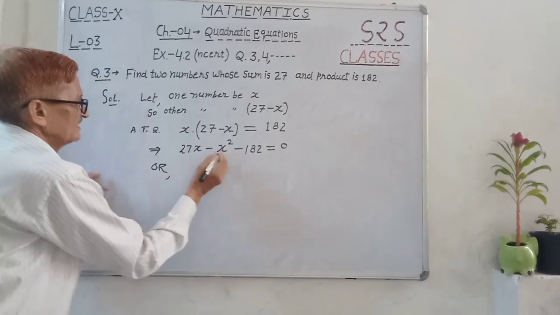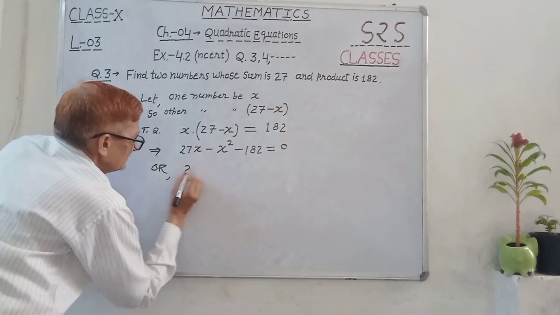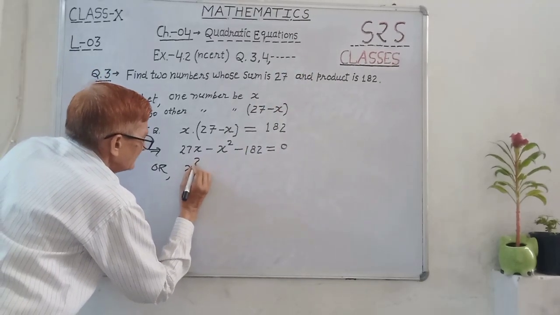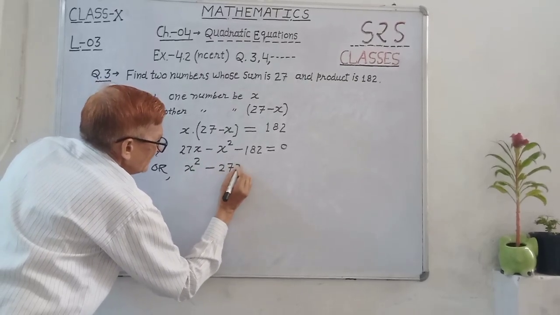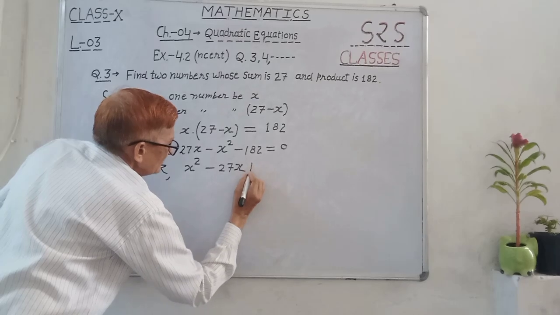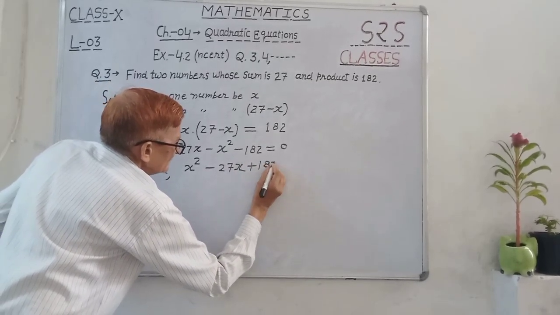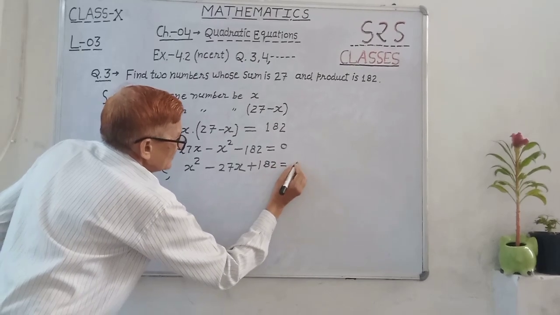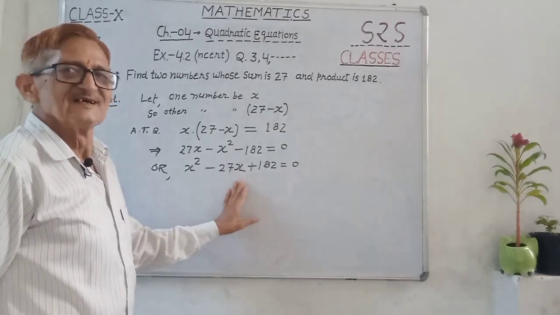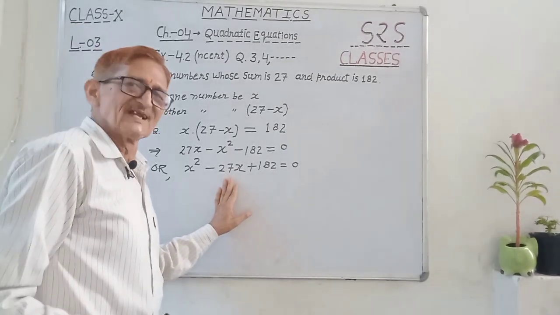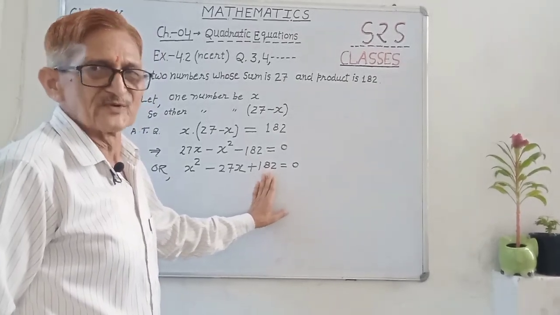Then here we can write this. Multiply by -1 to the whole equation, then the negative terms will be positive and positive will be negative. And this will be x square minus 27x plus 182 is equal to 0. Now factorization method, middle term splitting: 27 negative, sum is negative, product is positive, so both must be negative.